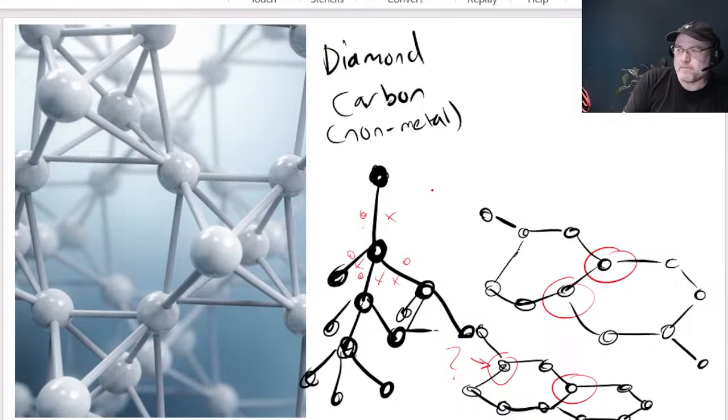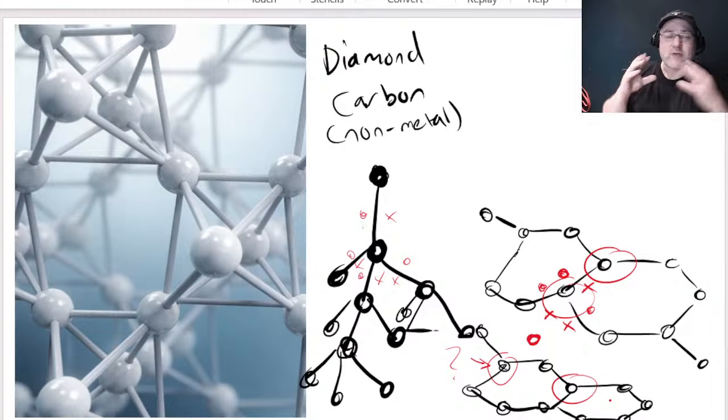In graphite, they're not. Each one is like that, and then there is a free electron just buzzing around. So graphite has delocalized electrons, which means it can carry charge through the structure and conduct electricity, because each of the carbon atoms only has 3 bonds. Yeah, cool.